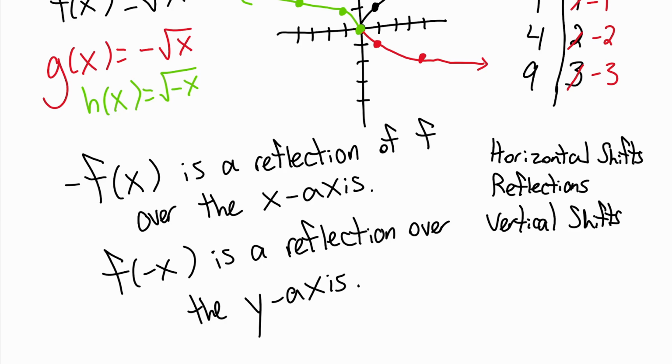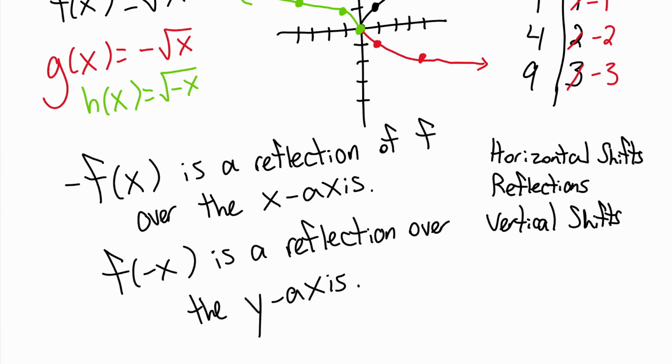Now, if we're thinking about the order with the reflections here, the order of the reflections themselves actually doesn't matter. We can do the reflections in either order, but they do need to fall between the horizontal and the vertical shifts. And you might have been thinking in the last video, why does the order of the horizontal and vertical shifts really matter?